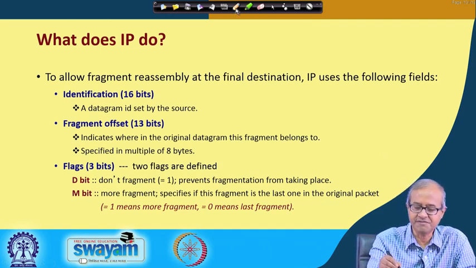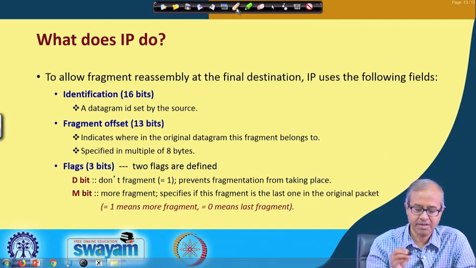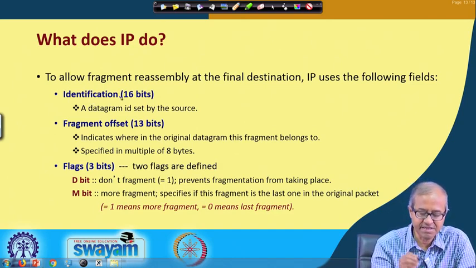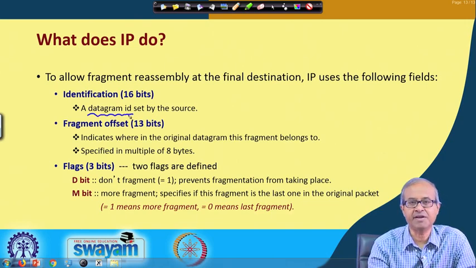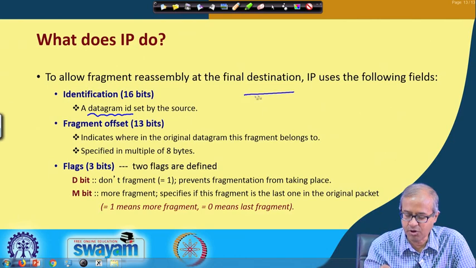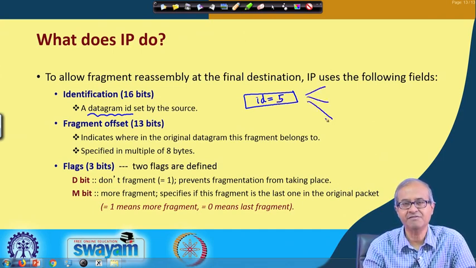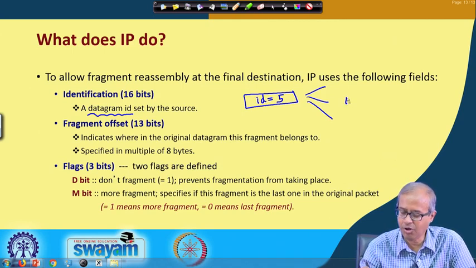The meaning of these fields are as follows. The identification is a 16-bit field. This identifies the datagram ID, that means the original packet ID. The idea is that if my original packet has an ID of, let us say, ID equal to 5, then all the fragments that will be created from this packet, they will all be having ID of 5.